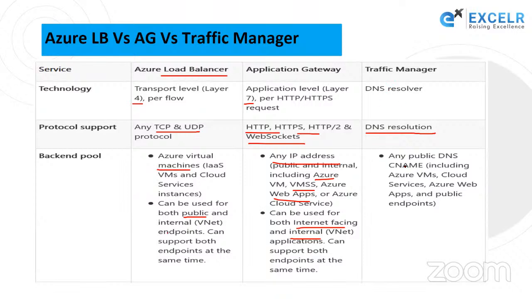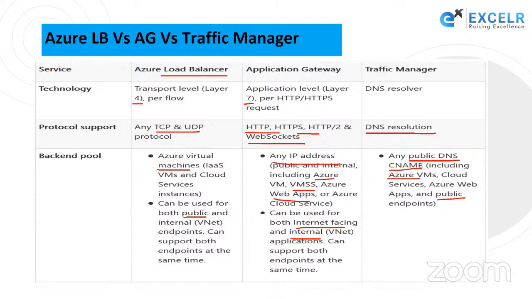Now, for traffic manager, the backend pool can be a public DNS, which uses CNAME, and that can include your virtual machines, any cloud services, your web app services, and any public endpoint. Now, what is CNAME? CNAME is one of the records in a DNS. It maps a particular subdomain to another subdomain.